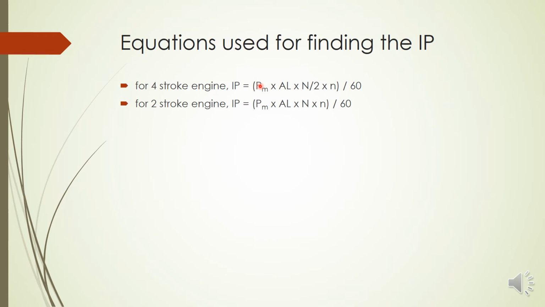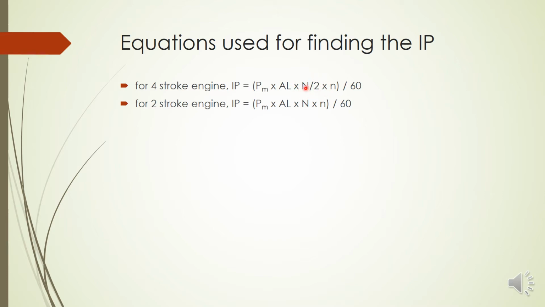You might already know that 1 revolution of a crankshaft means 2 strokes. So a 4-stroke engine, to complete 1 working cycle, that is one suction, compression, power and exhaust, requires 2 revolutions of the crankshaft. That means the working cycles in N revolutions will be only N by 2.